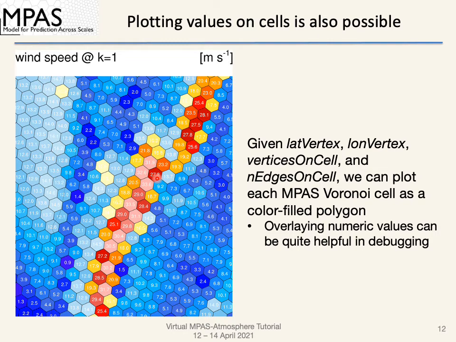So here, I think we were looking at the lowest model level wind speed in meters per second. And this is nice, particularly if you're trying to debug a model failure. You can actually look at the numerical values of a given field, time step by time step, assuming you wrote out an output stream every model time step, and you can watch the numerical values change. And for example, you can look for large gradients in values that might lead to a model failure.